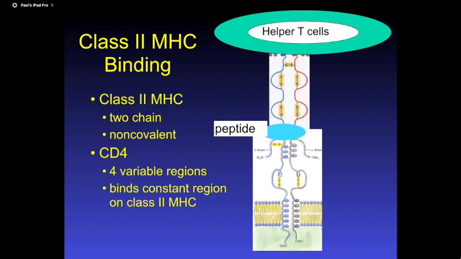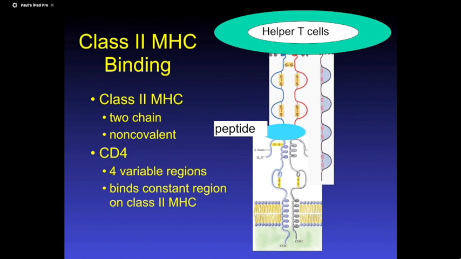The helper T cell comes up and the receptor binds to it. Now, it will only bind tightly if that peptide is wrong, if it is a foreign peptide. If it does, that allows the CD4 to come in and clamp this whole thing down to cause an effect. It binds to the constant region and it causes an effect.